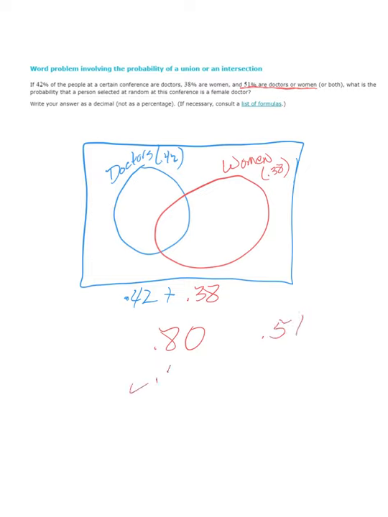So if I do some subtraction here, that means there's a 29% overlap. 29% of the population are women doctors. And I think that's what it asked me for. What is the probability that a person selected at random at this conference is a female doctor? That intersection right there, 0.29.